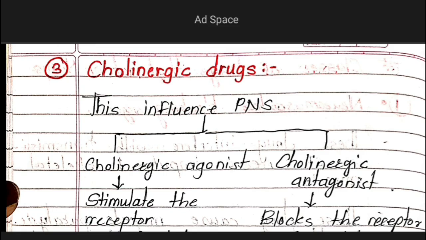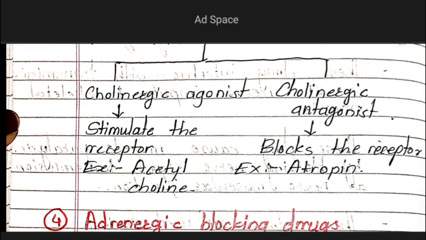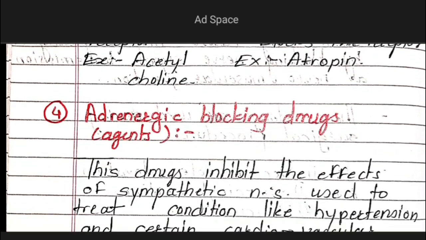These influence the peripheral nervous system, in which two parts are there: cholinergic agonists and cholinergic antagonists. Cholinergic agonists stimulate the receptor, for example, acetylcholine, and cholinergic antagonists block the receptor, for example, atropine.